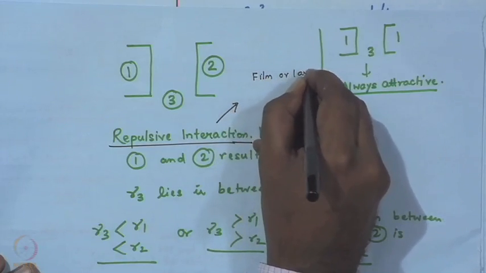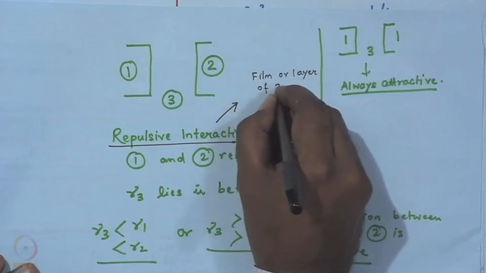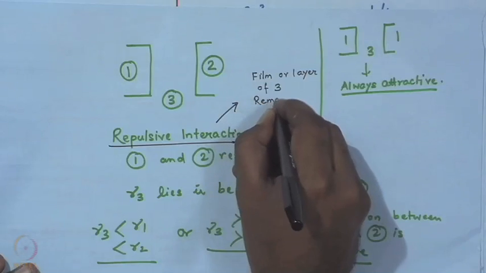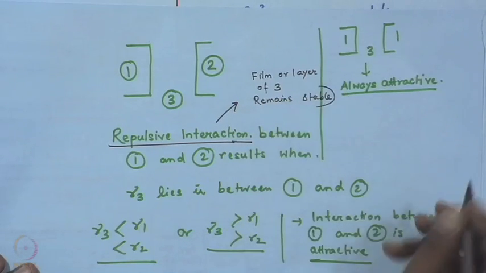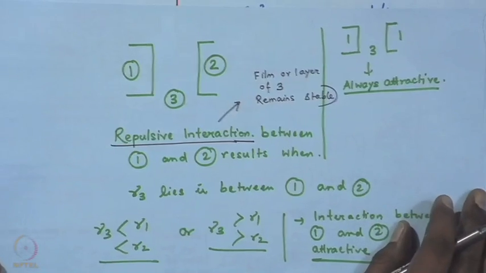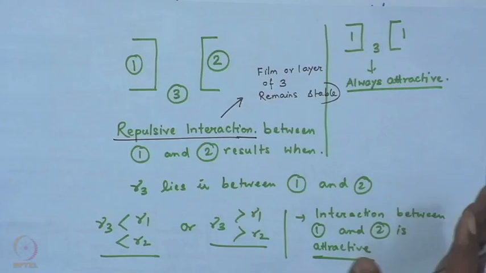or layer of 3 remains stable. So, we are talking about instability, or eventually we will be talking about instability. Two things are getting attracted, dislodging a liquid layer in between them, that is fine.